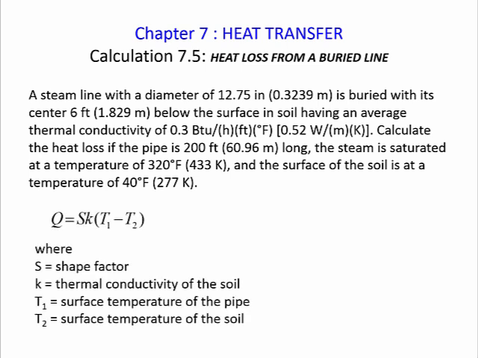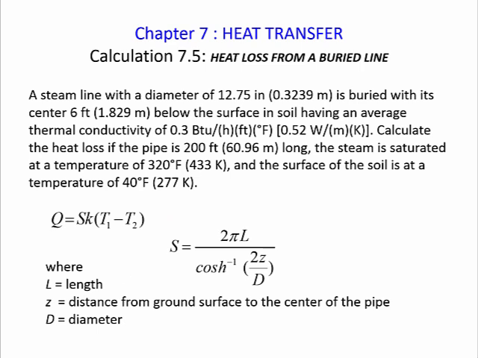The heat loss is given by this equation, where S is the shape factor, K is the thermal conductivity of the soil, and T1 and T2 are the surface temperature of the pipe and the soil respectively.